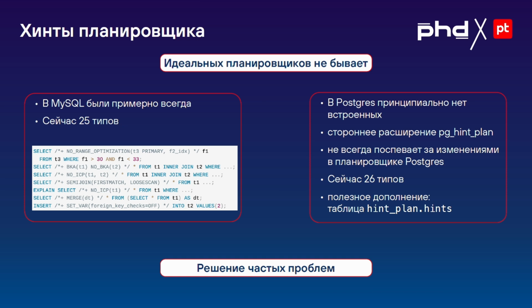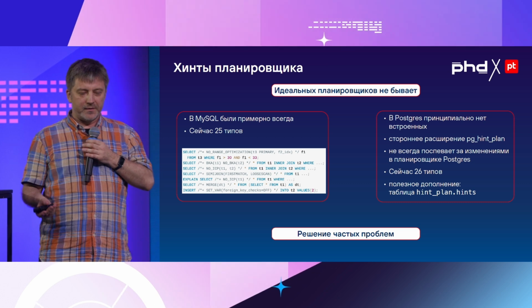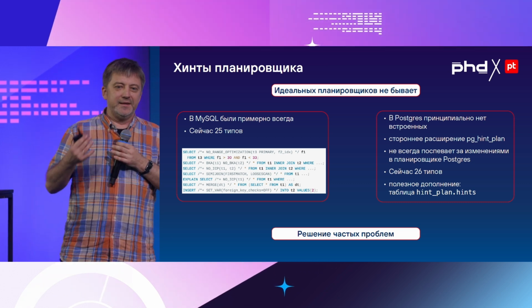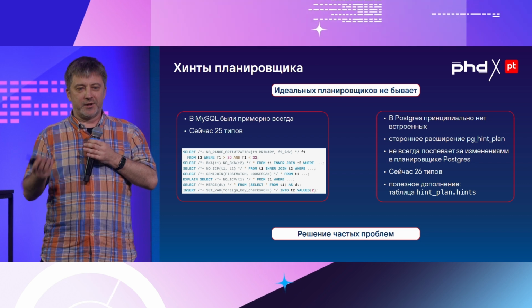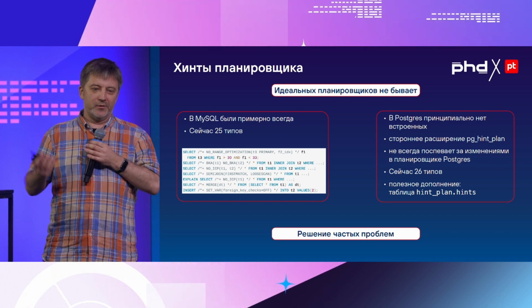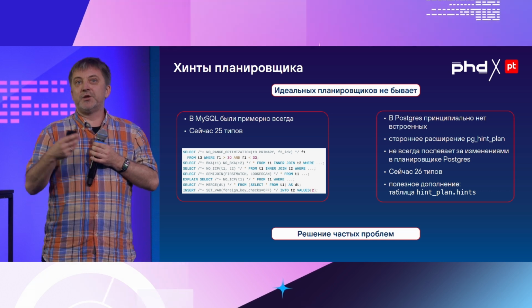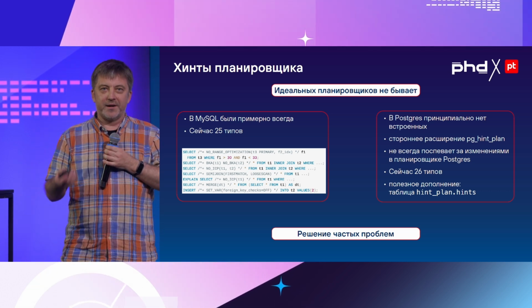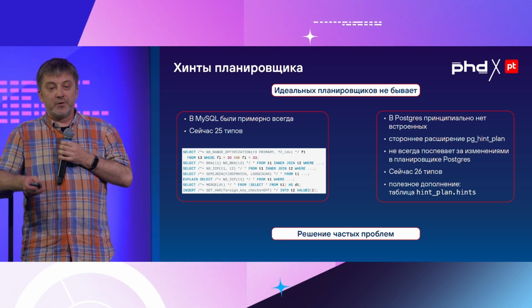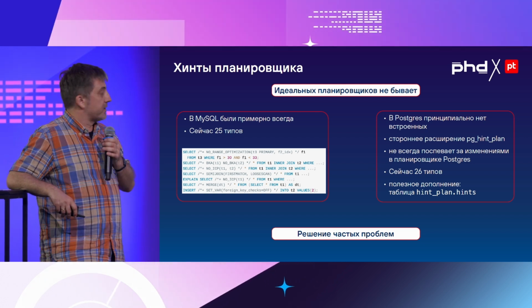Optimizer hints. The idea is that there's no such thing as a perfect optimizer. They all use statistics, and you don't always have the right statistics. There's no single database where the optimizer works perfectly. They all make errors. Most databases have these hints. In MySQL, they've existed almost always.